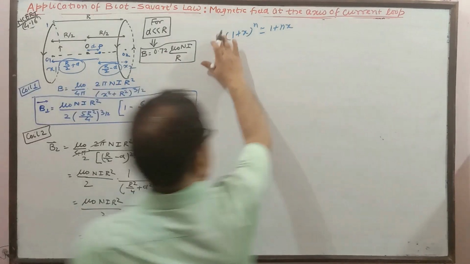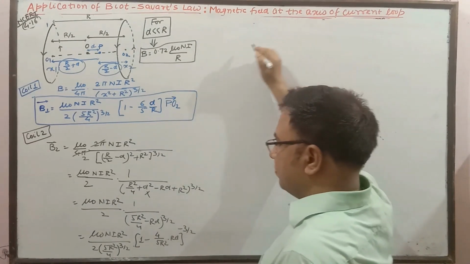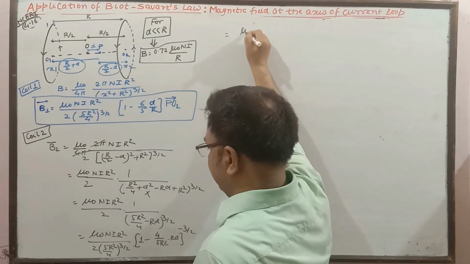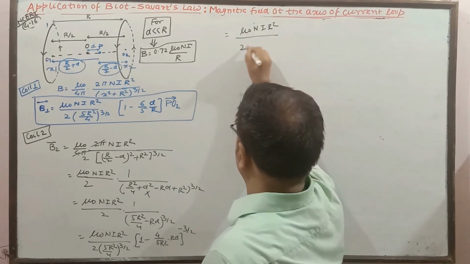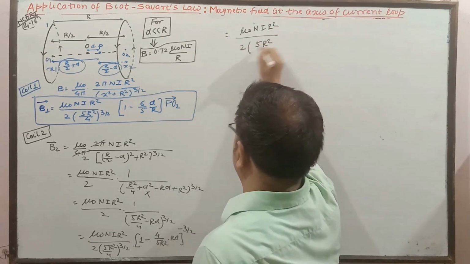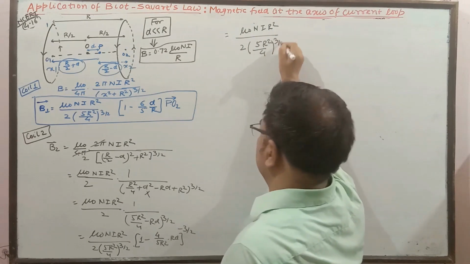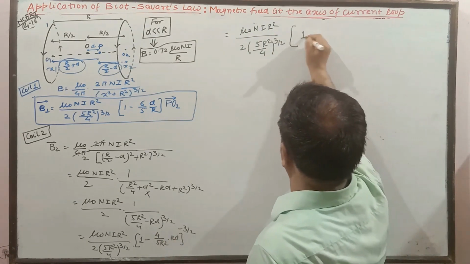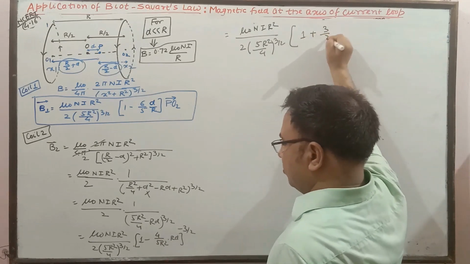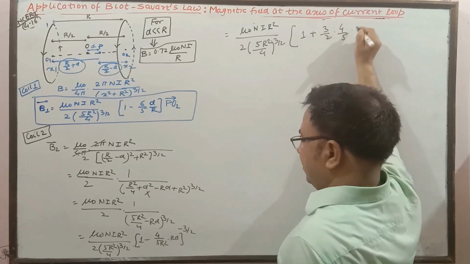On taking the approximation in the same way, we can put this as mu naught Ni R square divided by 2 times 5 R square by 4 whole 3 by 2. It is 1 minus minus plus, so this gives 1 plus 3 by 2 into 4 by 5.